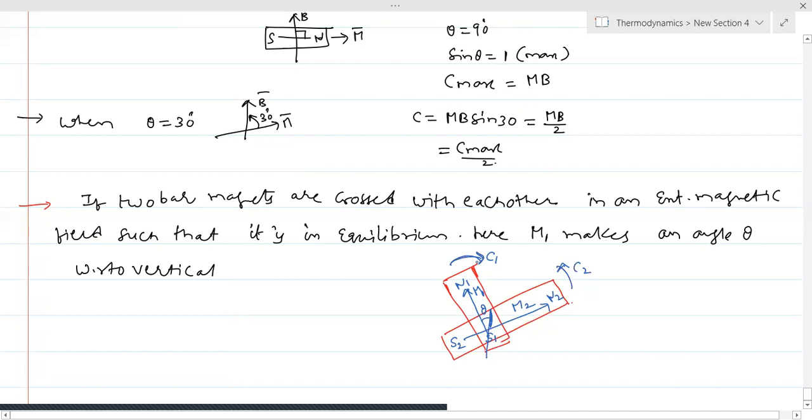Then for C1, the thumb will be inward into the plane. And when we take C2 bar, we count the angle from M bar to B bar. Here this will be the B bar, the perpendicular one. So that is automatically 90 minus theta.